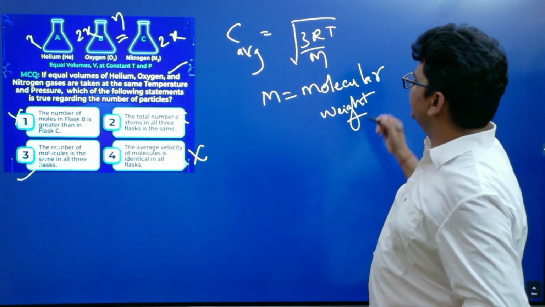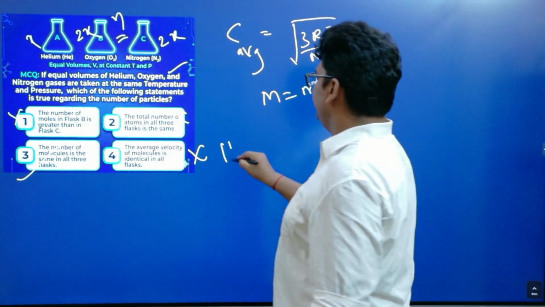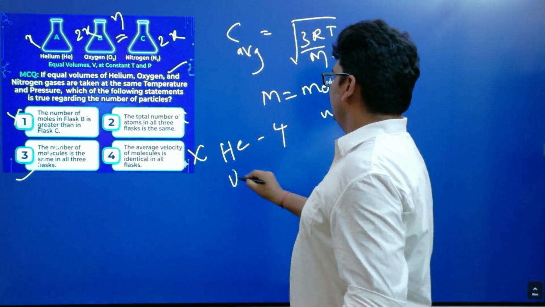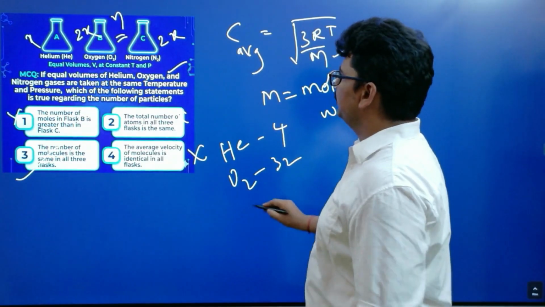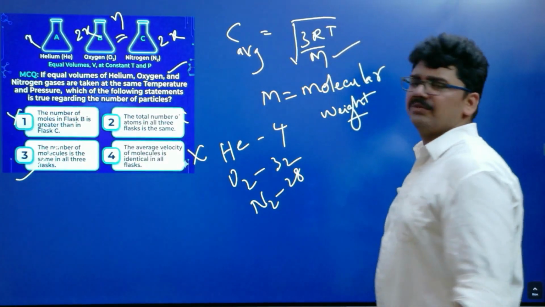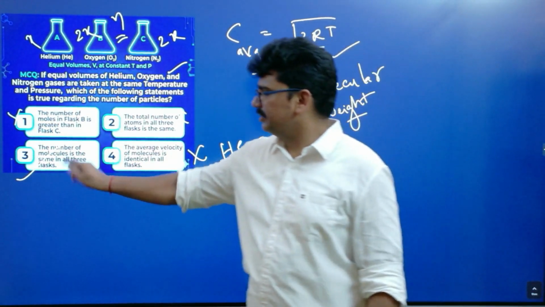So average velocity depends on molecular weight. Their molecular weights are not same. Helium atomic weight is 4. Oxygen molecular weight is 32. And nitrogen molecular weight is what? 28. The molecular weights are not same. Their average velocities are not same. So third option is correct.